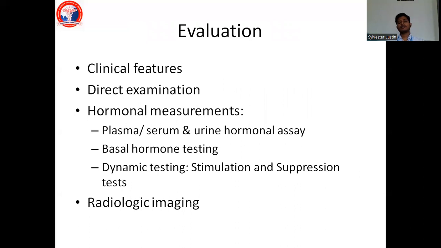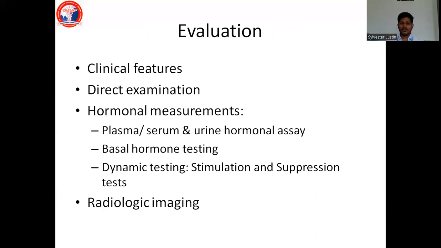So coming to evaluation, the earliest clue will be given by the clinical features of the particular hormone. Then we can also do direct examination of the gland. Only two glands are amenable for that: one being the thyroid gland in the neck, where it is accessible, another being the testis in males.